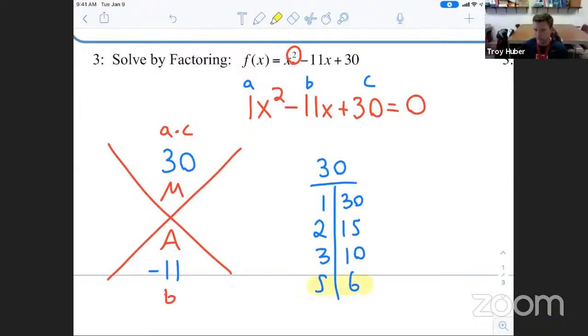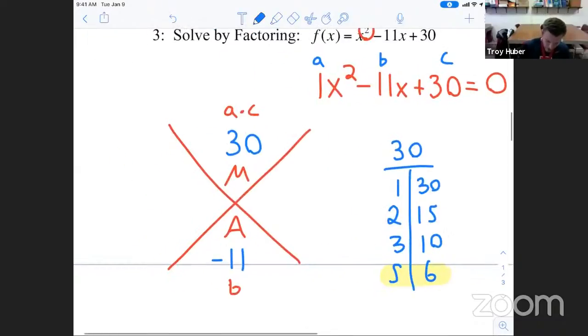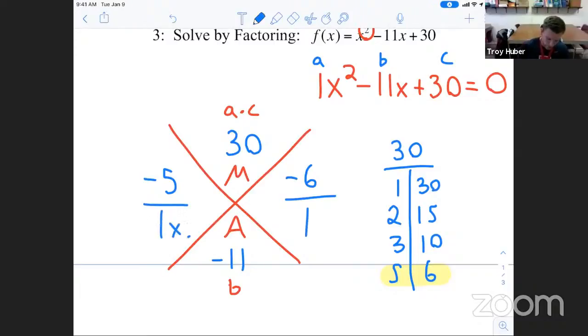But remember, you want negative 11. So maybe I can make this negative 5 and negative 6, because negative 5 times negative 6 is positive 30. And when I add them together, I'll get negative 11. And the last thing we have to do is just put them both over our a value, which is 1. And now we always read them bottom to top.